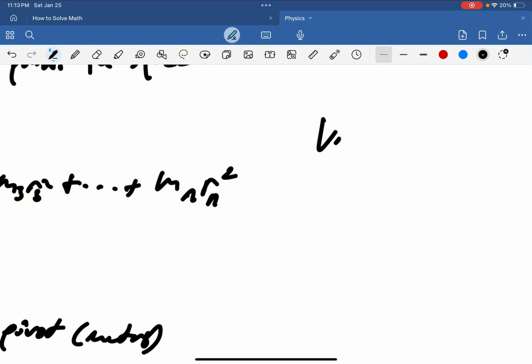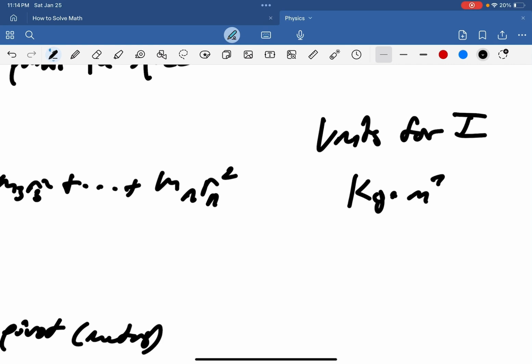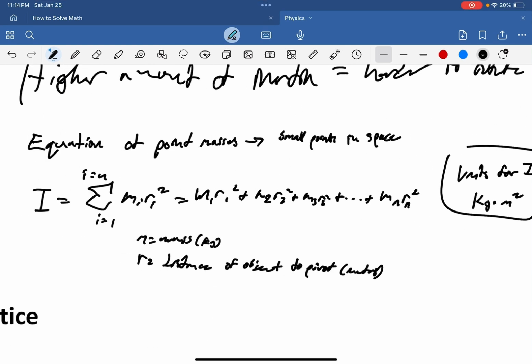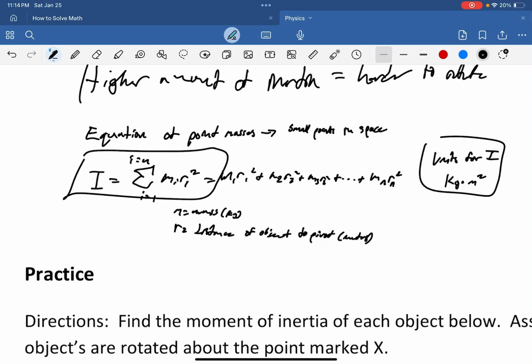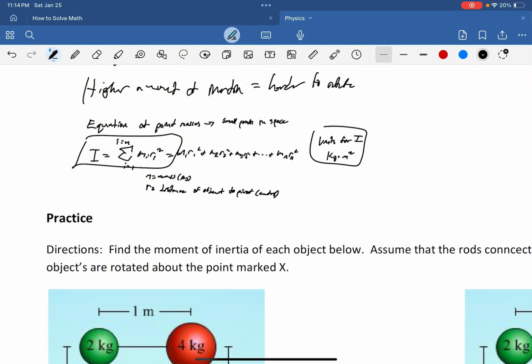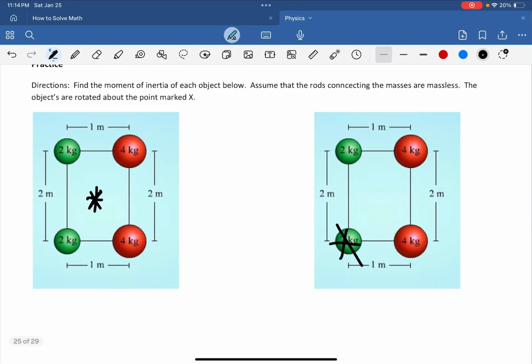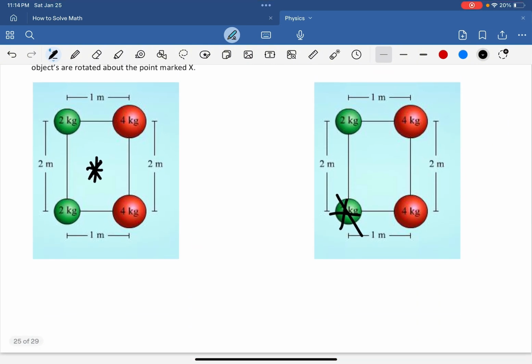And the units for I is going to be kilograms times meters squared. So this equation is very important because it's solely what we're going to use for the rest of this entire thing.